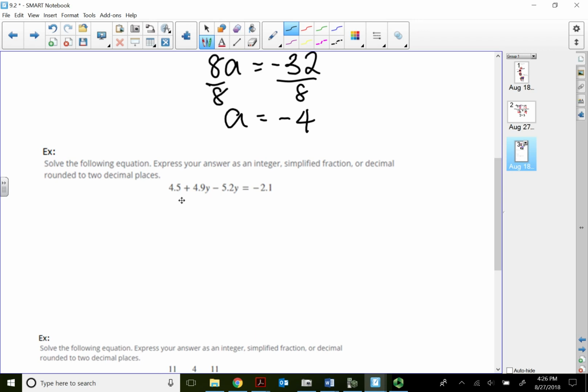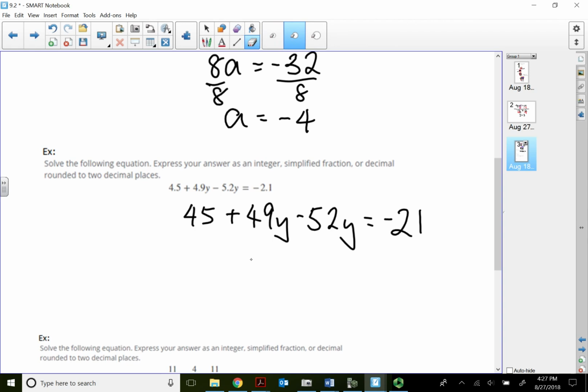Since all the terms only have 1 decimal place, I can multiply every term by 10 by simply moving the decimal to the right 1 place. That means my equation will look something like 45 plus 49y minus 52y equal to negative 21. Then we can go from here.